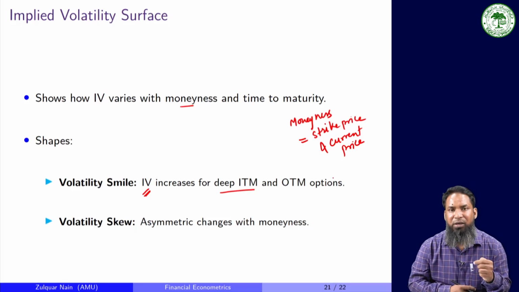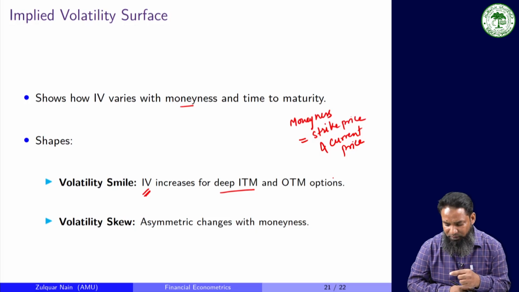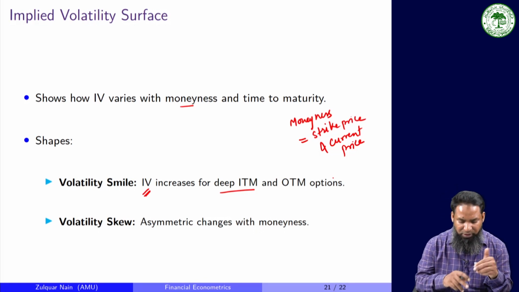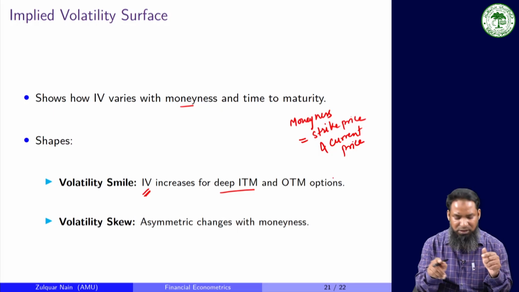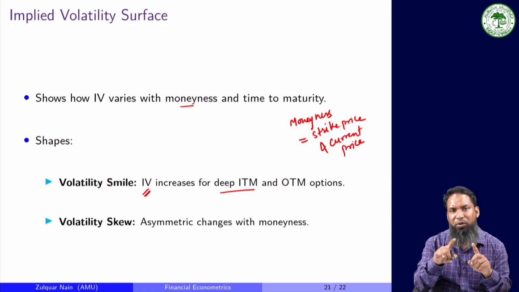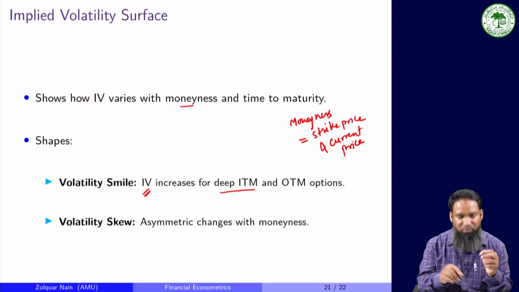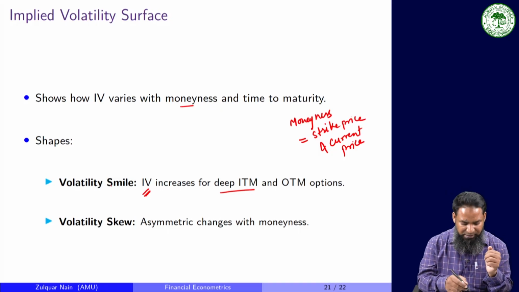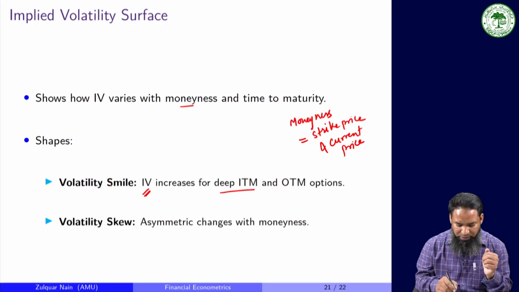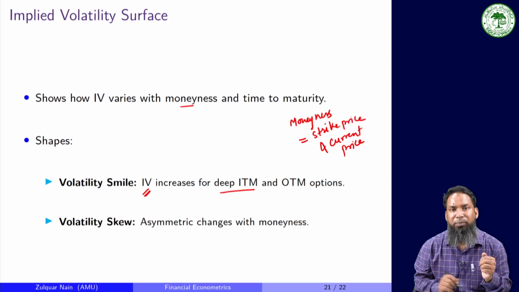In the money is when the current price is more than the strike price; out of the money is when the current price is less than the strike price. So if we draw that relationship, it gives the shape of a smile, which we call the volatility smile. Second is the volatility skew, which shows asymmetric changes with the moneyness.